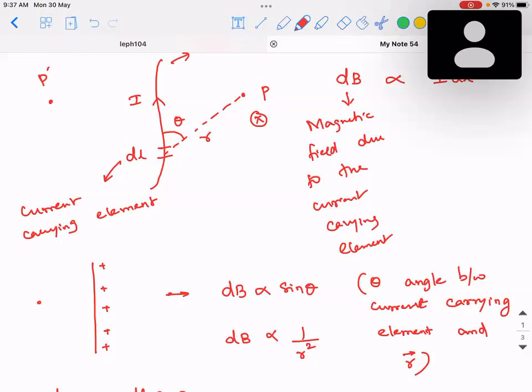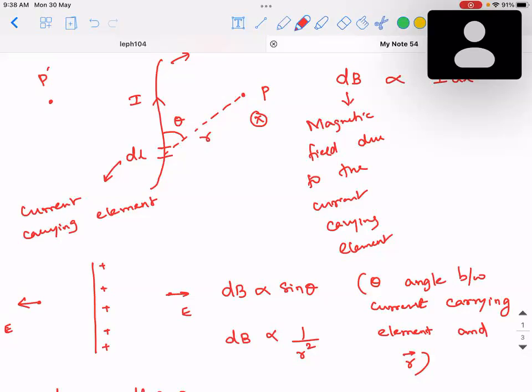At this point also the electric field would have been away from it. Accepted? But what are we trying to talk about here? Are we talking about electric field in the case of a current carrying conductor? No, we are calculating the magnetic field. So at point P, if the magnetic field is inside, one point you need to note is that on either side of the conductor, the magnetic fields will always be in opposite directions, unlike electric field.